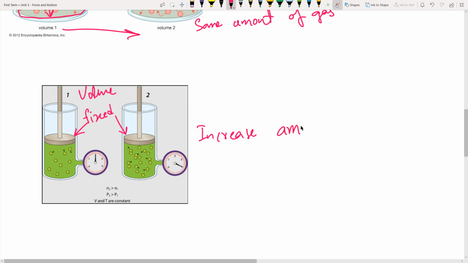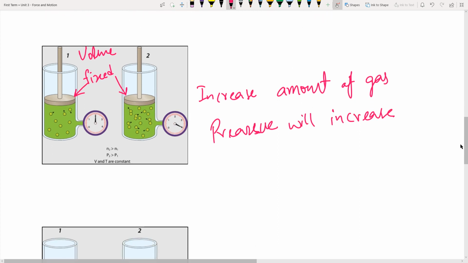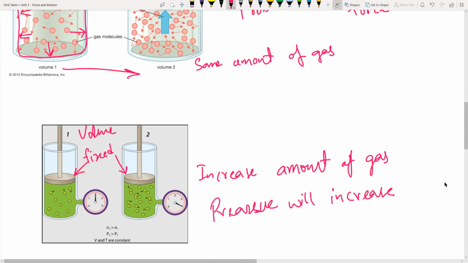Now we increase the amount of gas, and let's see what happens. You will see that the pressure gauge needle will move forward, so the pressure will increase. If we increase the amount of gas, the gas pressure will increase. Why? Because now there are more particles to collide with the walls, hence increasing the pressure. That's what we said: pressure is the amount of collision with the wall of the container which these gas particles are doing.